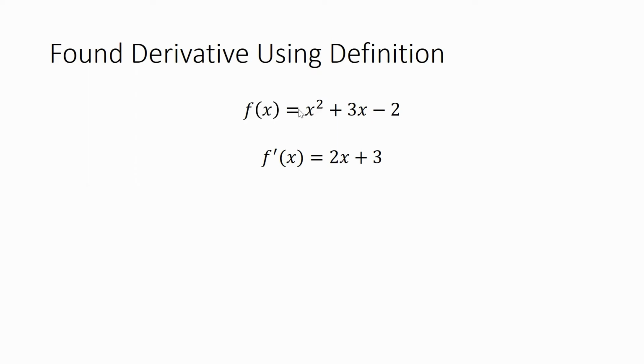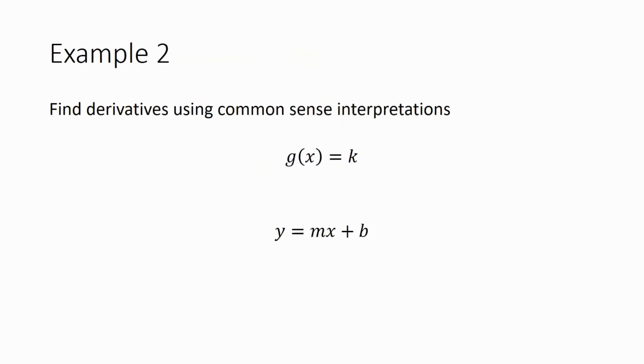Notice that in part of the function there was an x squared, and that translated into a derivative which had a part which was 2x, and we had a part which was 3x. Notice that we translated that into a derivative which is a 3. That's like an x to the first. And then we had a constant part, and notice that that translated to a 0 in the derivative. And I'm alluding to another rule that we're going to look at in just a little bit that talks about how to add and subtract when computing derivatives.